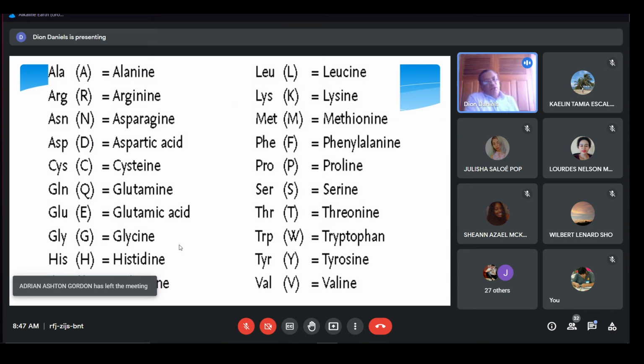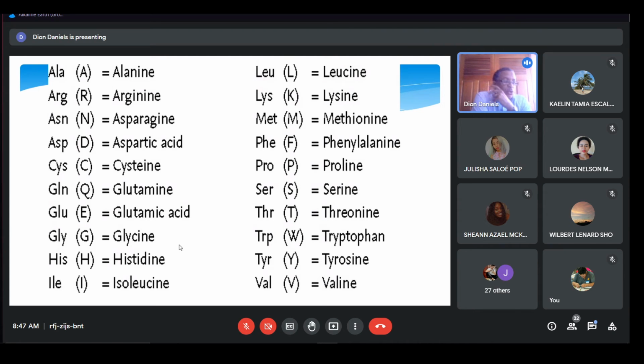Here we have a list of all 20 amino acids. They're in alphabetical order, and it shows the abbreviations and so on. I'm not expecting you to memorize all of these. You'll have this at your disposal anyway when doing an evaluation.